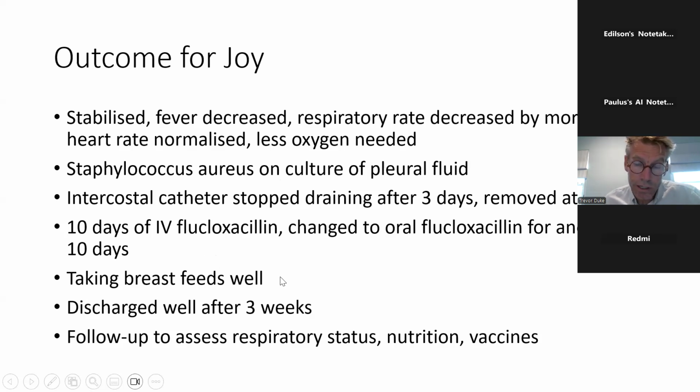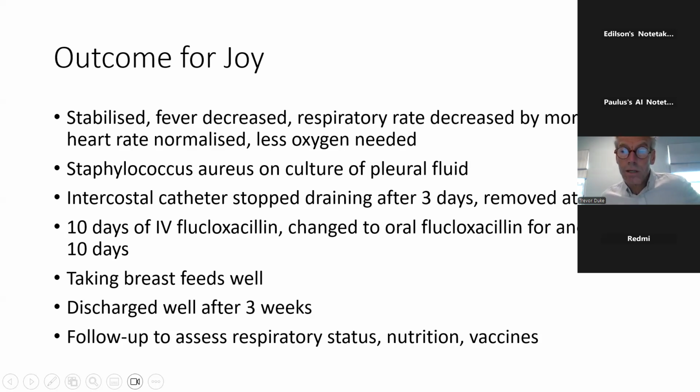By a few days, she was taking breastfeeds well, and she was discharged well after 3 weeks. She remained on antibiotics for 20 days because there was a lot of pus and Staph aureus was grown. So for nearly 3 weeks, she was on antibiotics, and then she was well and discharged.